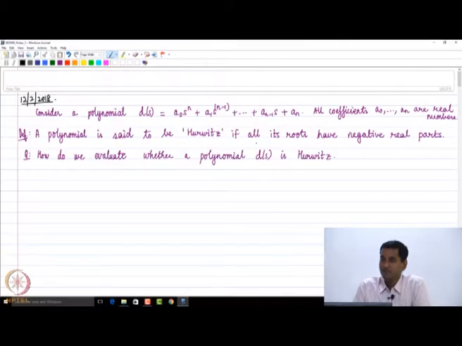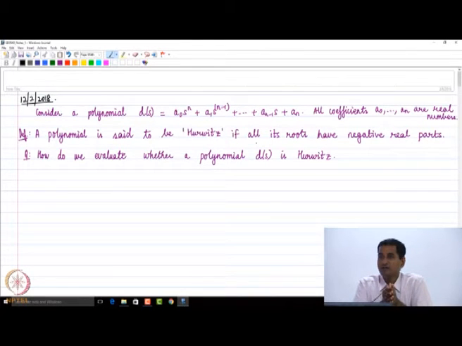Right. Okay. In the last class, this is where we stopped. We were looking at how to evaluate stability. We learned that if I want to evaluate the stability of any system in the class of systems that we are studying, we need to look at the closed loop poles.